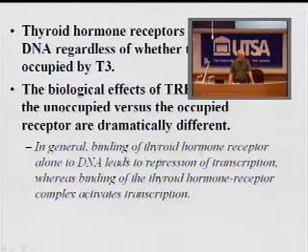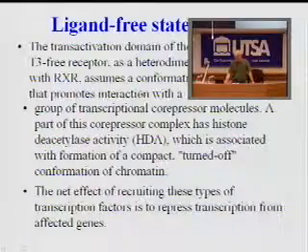In general, binding of the thyroid hormone receptor alone to DNA leads to repression of transcription, whereas binding of the thyroid hormone receptor complex activates transcription, as we had said before.